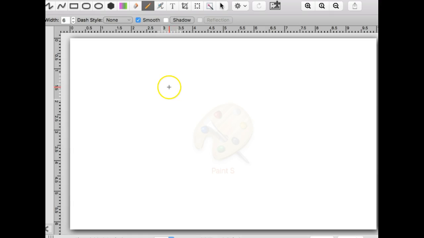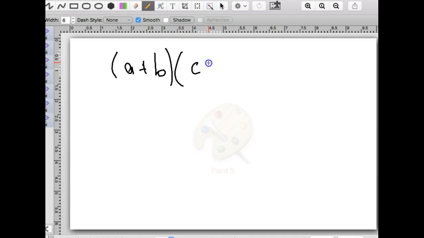All right, so the next one is the expansion of the product (A plus B) times (C plus D). And again, this is just, if you remember, FOIL.